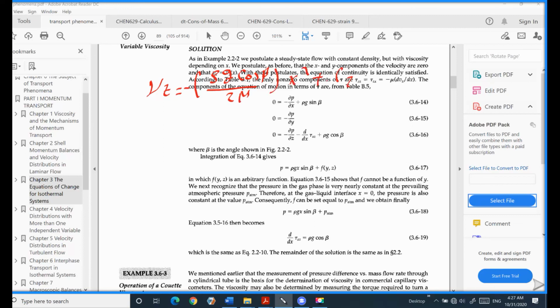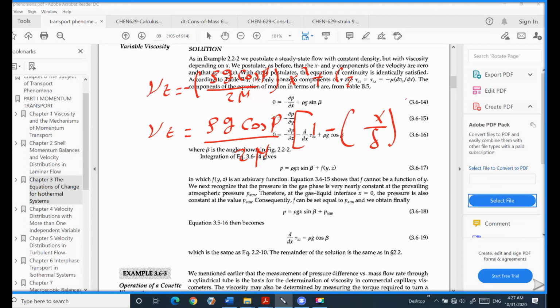We found what C2 was, and if we insert C2 here, we obtain this profile: rho g cosine beta over 2 mu, times the thickness squared, times 1 minus x over the thickness of the film, squared. So this is the profile of vz in the z direction, how it's changing with respect to x.